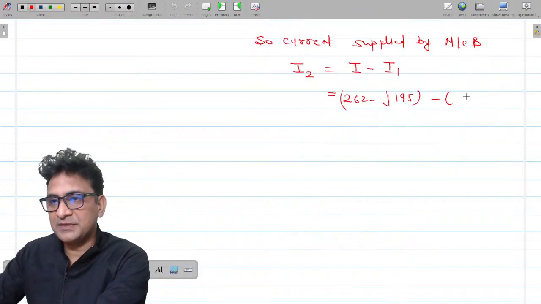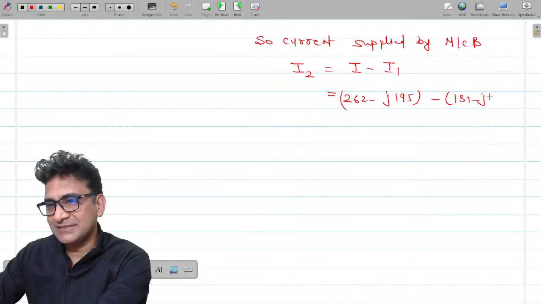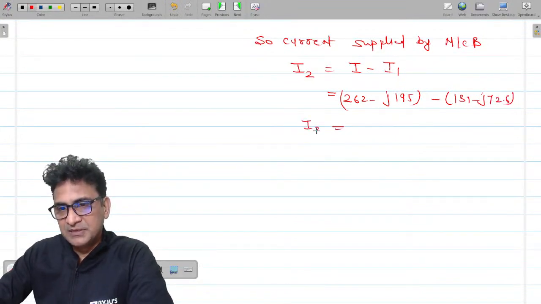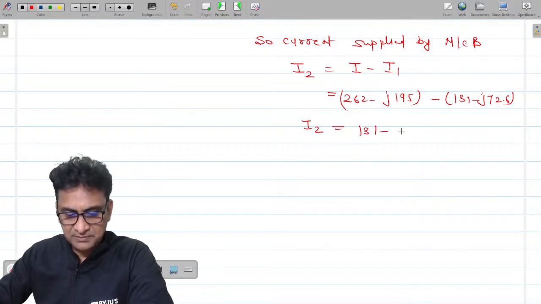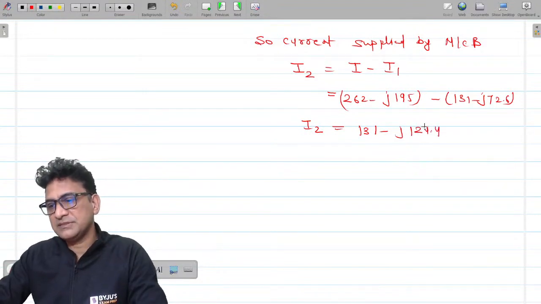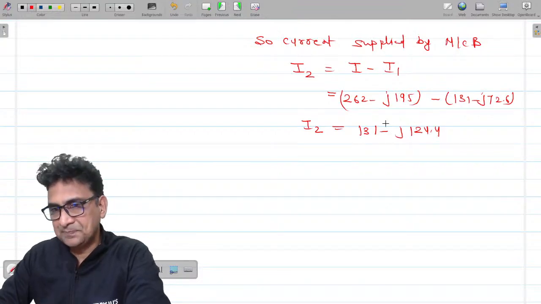I1 is 131 minus j72.6. So by using this formula, you can find out the value of I2. It would come 131 minus j124.4. This is the value of current supplied by machine B.